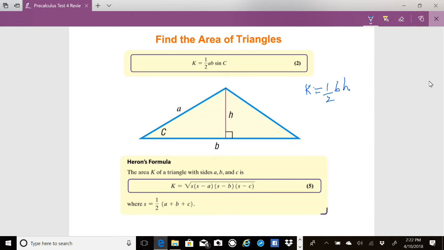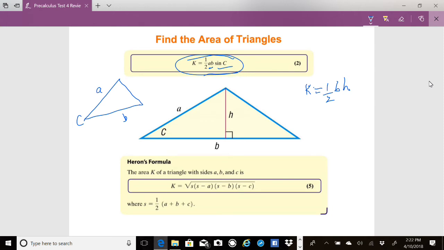One is that the area of a triangle K is equal to 1/2 times AB times the sine of the angle between A and B. In other words, if you had an A and a B and the included angle C, the area is 1/2 AB sine of C.